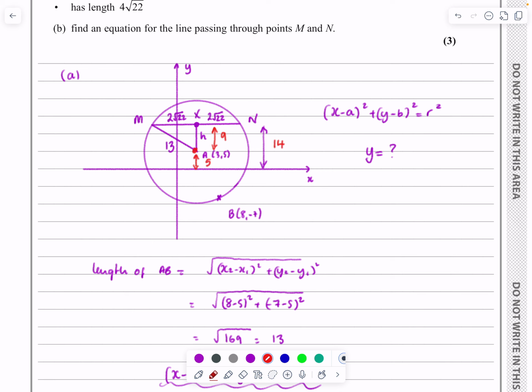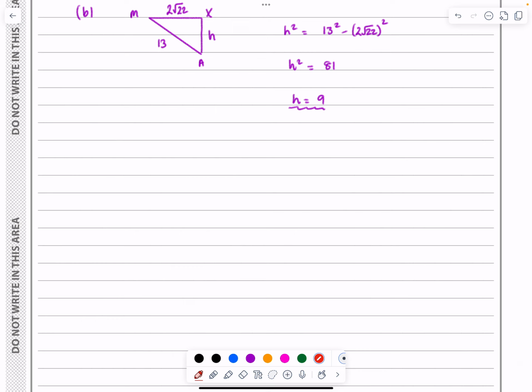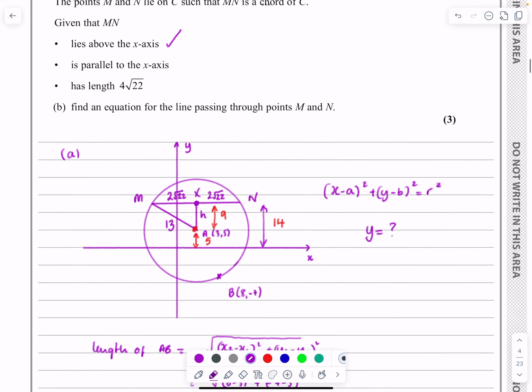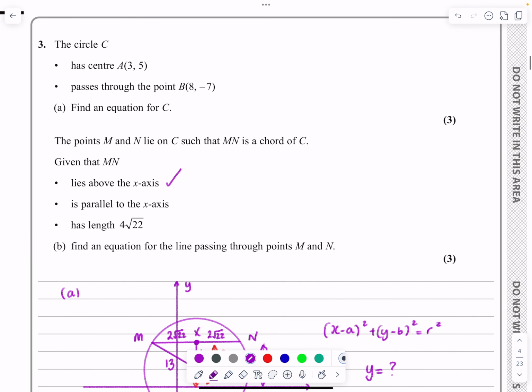So from that, I can now say, equation of line through MN is y = 14. So quite a complicated little diagram there, but hopefully now I've explained it to you, that all makes sense.